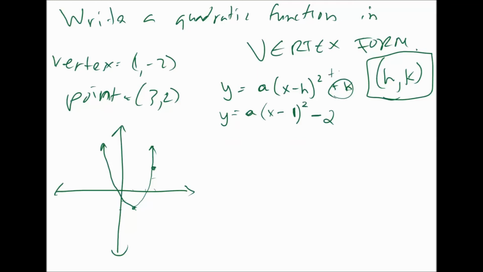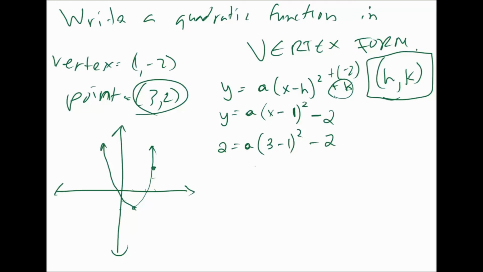But really what we mean is plus minus 2, right? Then what we're going to do is plug in that 1 point that we already know. The point being 3, 2. So that's 2 equals a times 3 minus 1 squared minus 2.